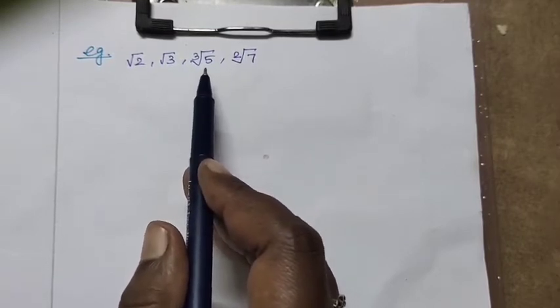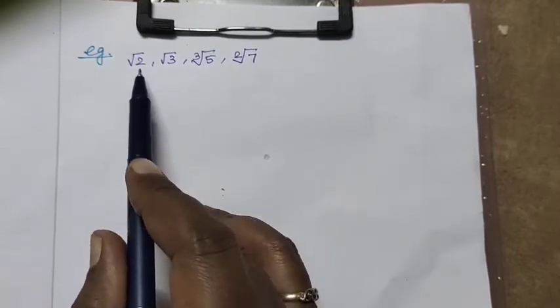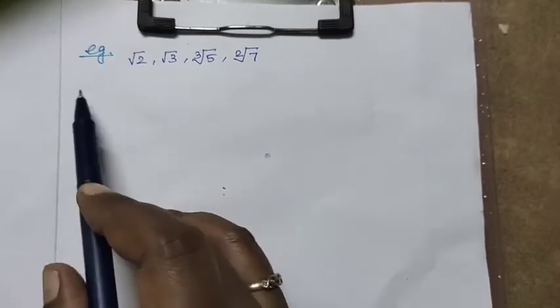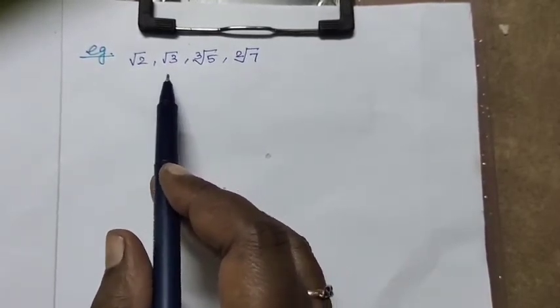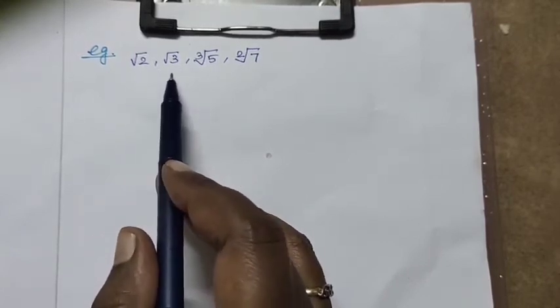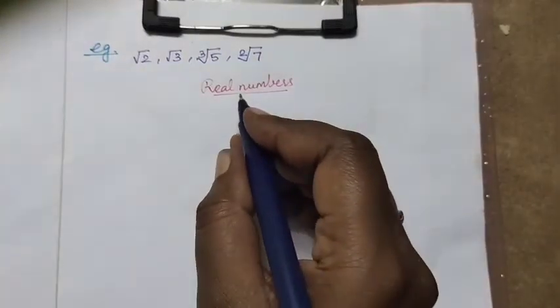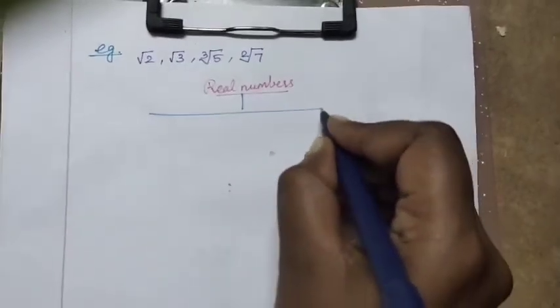There is a common misunderstanding that all irrational numbers are surds. You may think all irrational numbers are surds. It is incorrect. Remember, only an irrational root of a positive rational number is a surd. Real numbers are classified into two main categories.